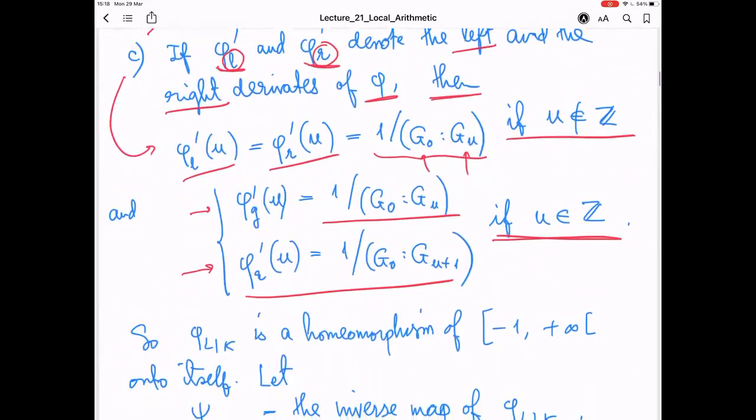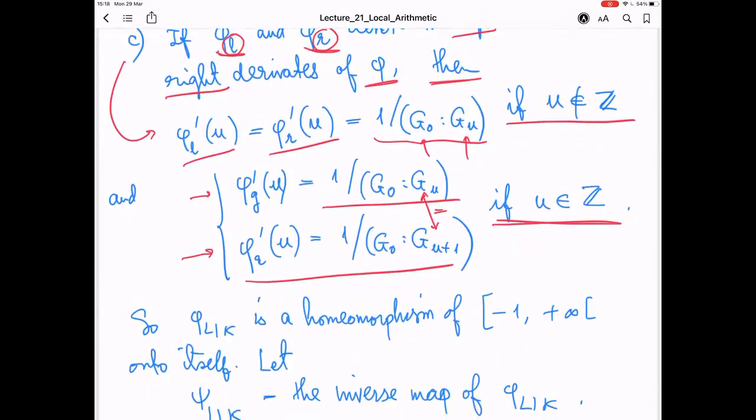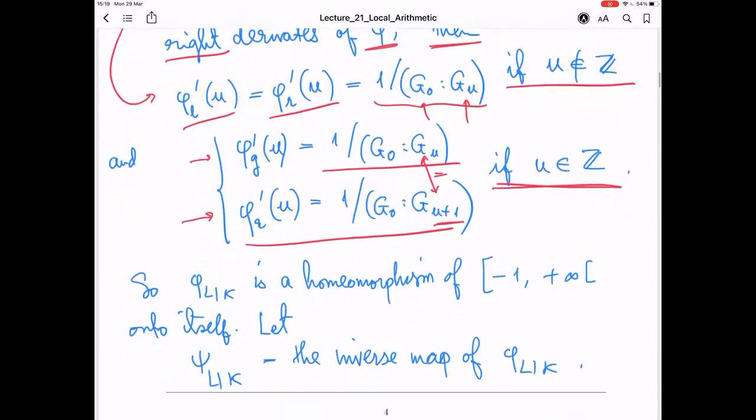I mean, it may be differentiable. There's nothing to prevent that, nothing to prevent gu from being equal to gu plus 1. That can happen. But if gu is different from gu plus 1 for all u plus epsilon for all sufficiently small epsilons, then u has to be an integer, right?